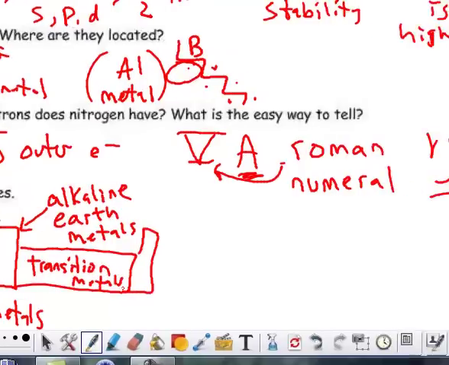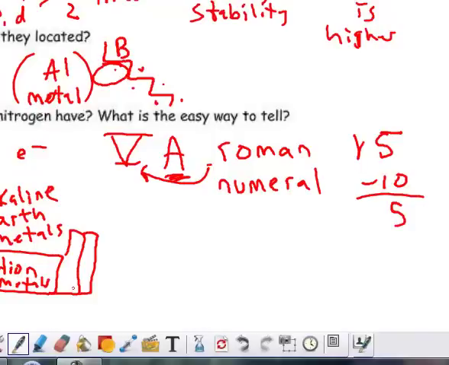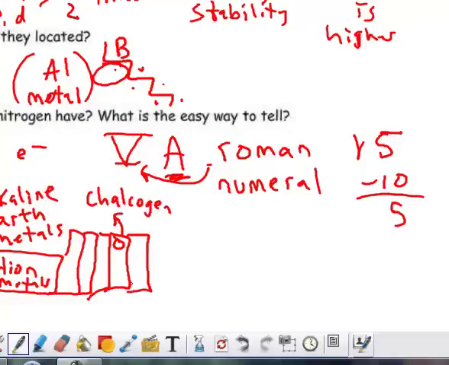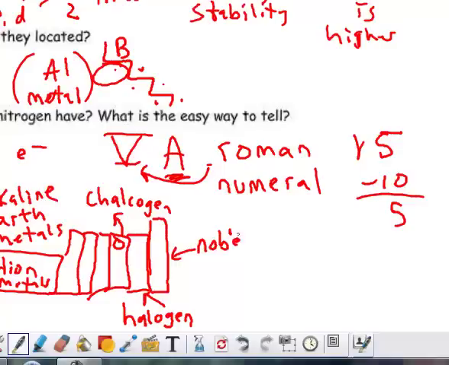Now we do call that the boron group, the carbon group, the nitrogen group. Oxygen group, the one that starts with O, is called a chalcogen. Didn't really mention that much though. Next one is the halogens. And then the last one are the noble gases.